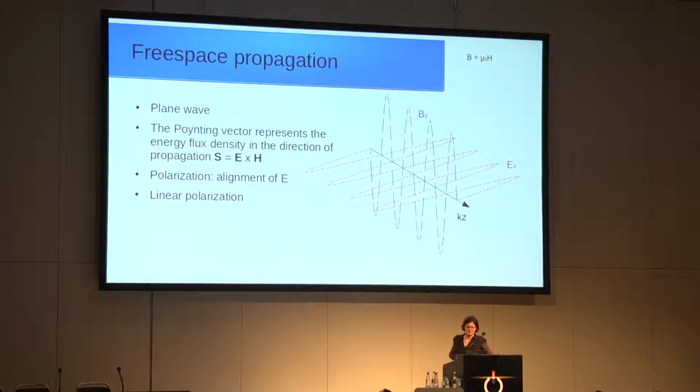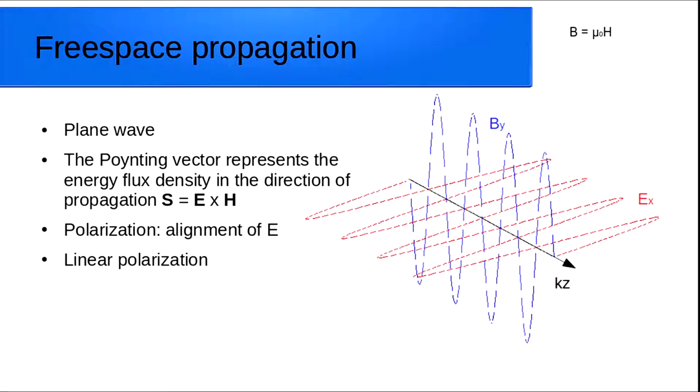And such a plane wave always has a Poynting vector. The S here, the Poynting vector, represents the energy flux density of this wave, and is also in the direction of propagation, which is always orthogonal to the two fields, the E and the B field.